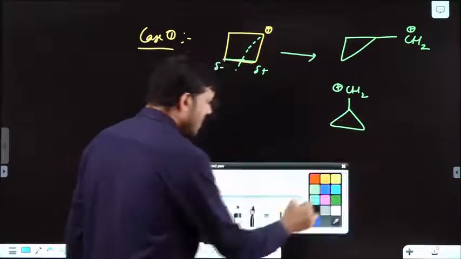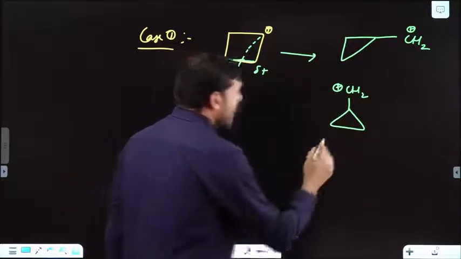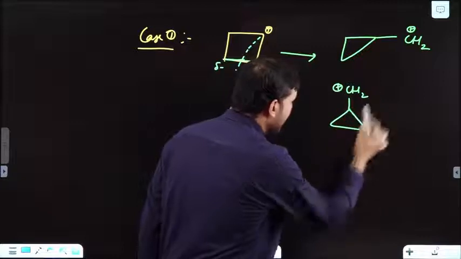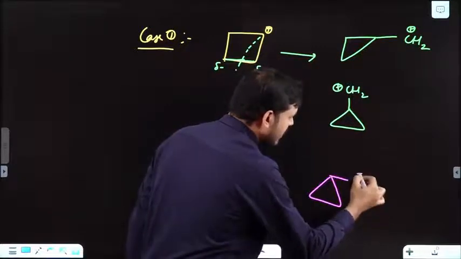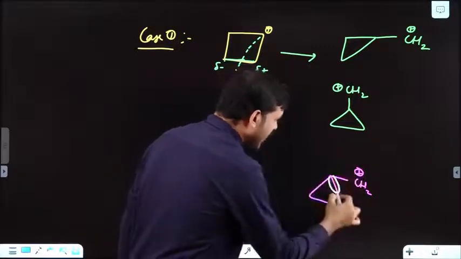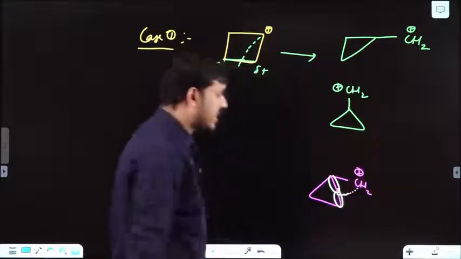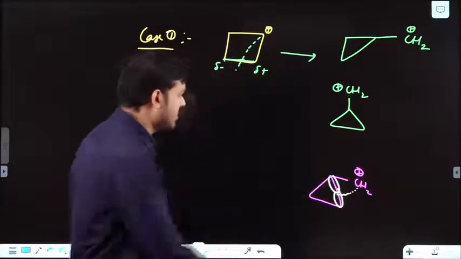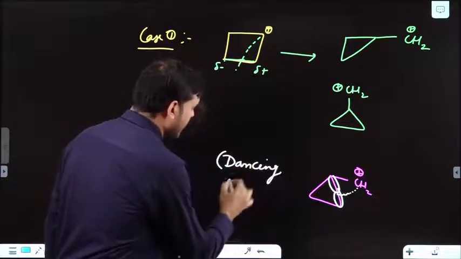This structure of the 3-membered ring, cyclopropyl methyl carbocation, has a tendency to bend towards this side, such that these bonded electrons donate their electron pair to this side, which is generally called dancing resonance.